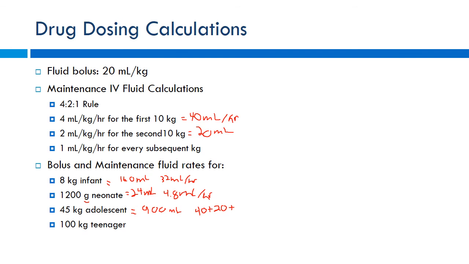For this kid, there are another 25 kilograms left over, so plus 25. The total fluid amount this patient would be getting per hour would be 40 plus 20 plus 25, which equals 85 mLs per hour.